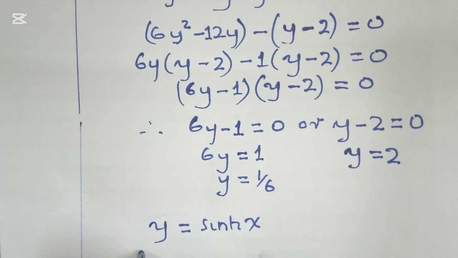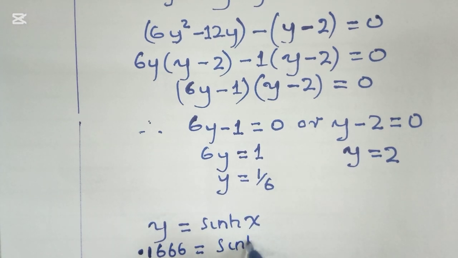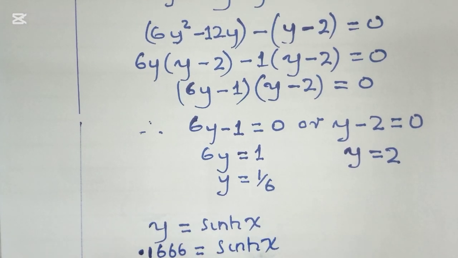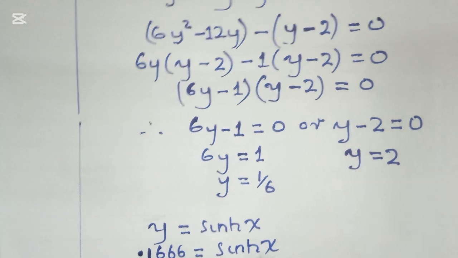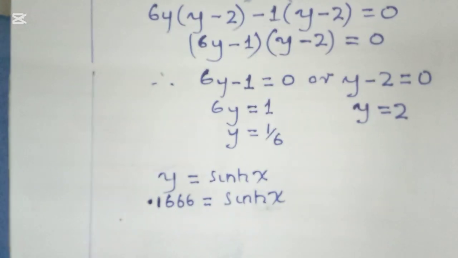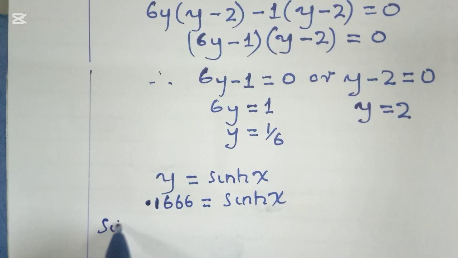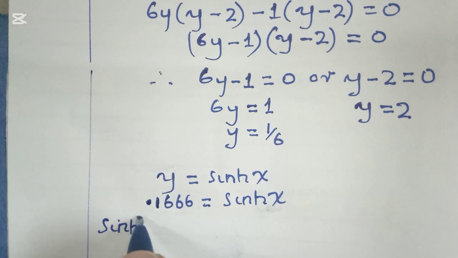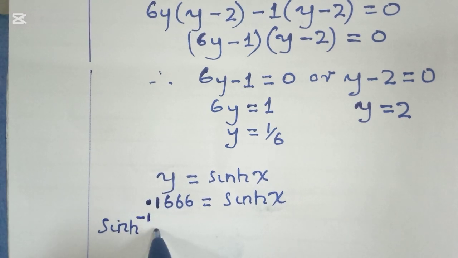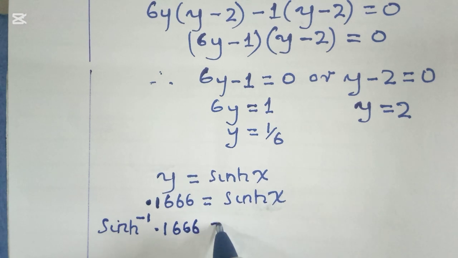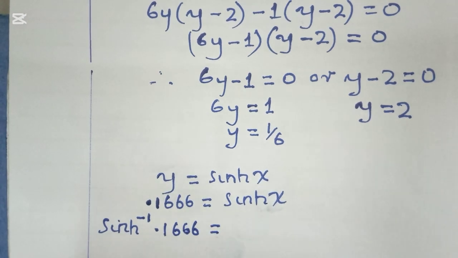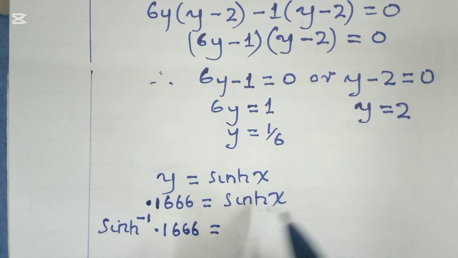So we have 0.1666 equals sine hyperbolic x. Meaning that we are going to have sine hyperbolic inverse of 0.1666 will give us x.